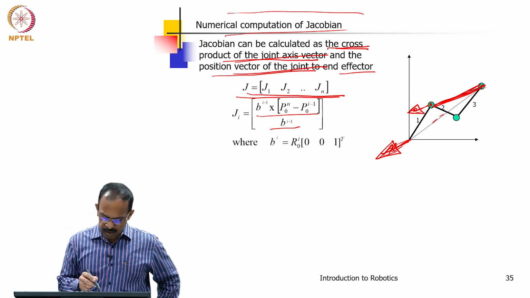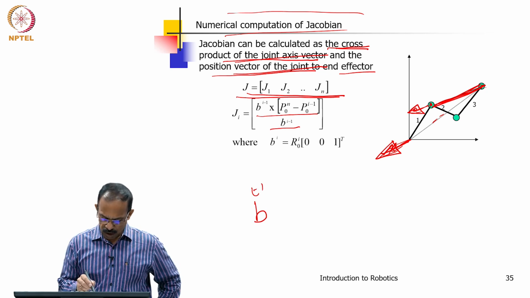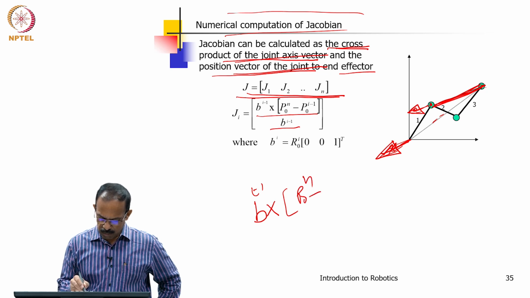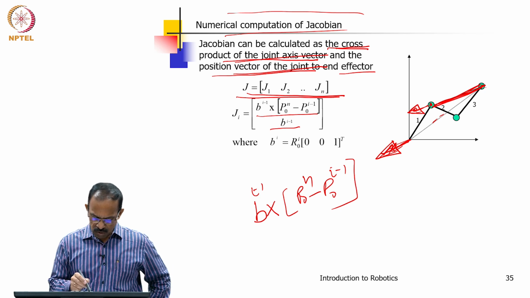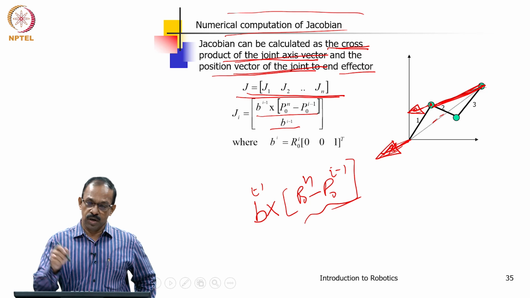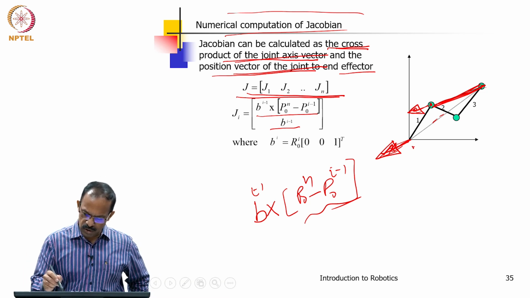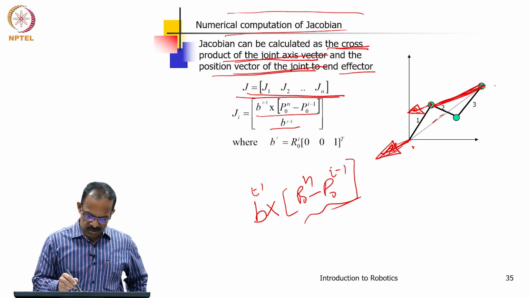The linear part can be obtained as b_{i-1} cross (p_n^0 minus p_{i-1}^0). This represents the position vector from the joint to the tool tip. Here p_n^0 is from 0 to n, and p_{i-1}^0 is from 0 to i minus 1.